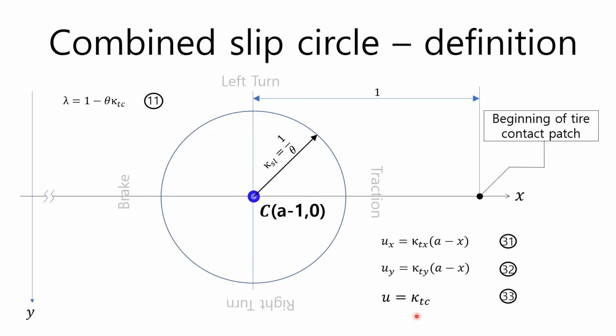As a result, the radius of the combined slip circle is the numerical value of the maximum combined slip as well as the numerical value of the maximum displacement that the tire can generate.